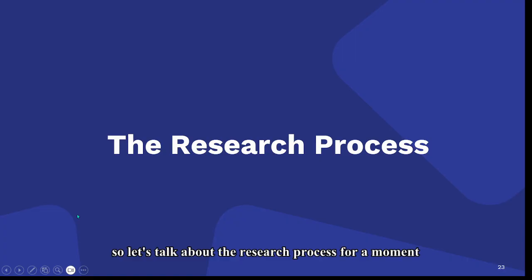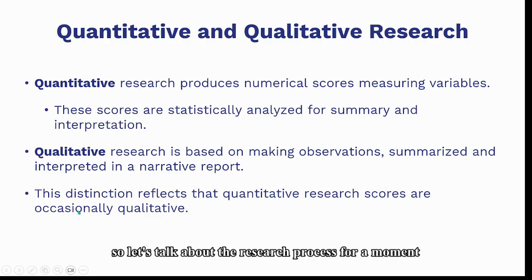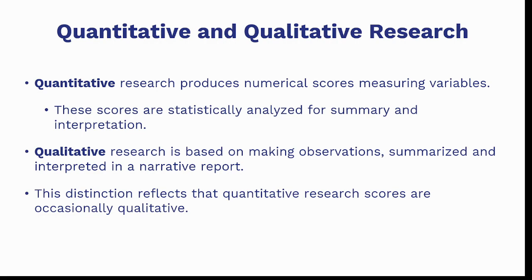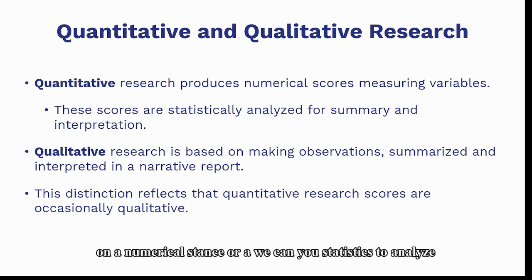So let's talk about the research process for a moment. We have quantitative and qualitative research. Quantitative is going to produce data that is numerical, using variables that can be collected on a numerical scale. All right, we can use statistics to analyze, summarize, and then interpret those statistics.